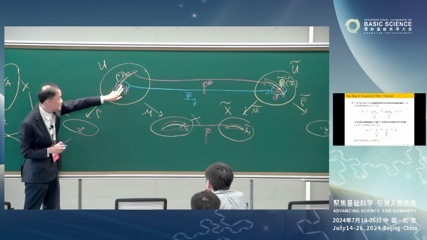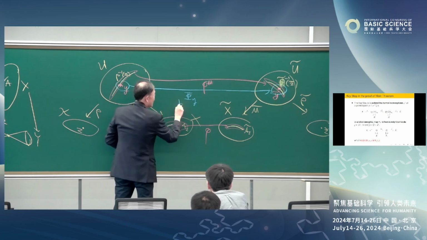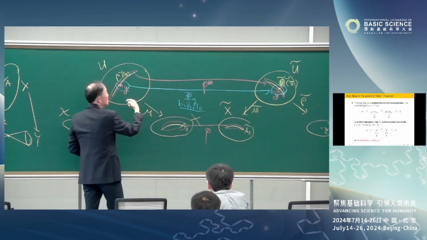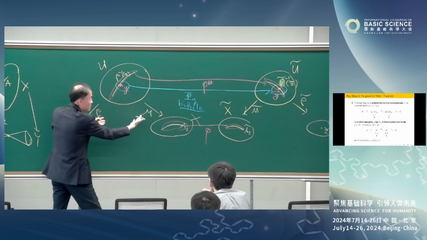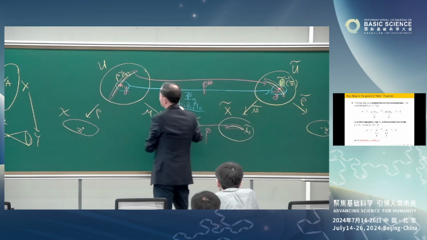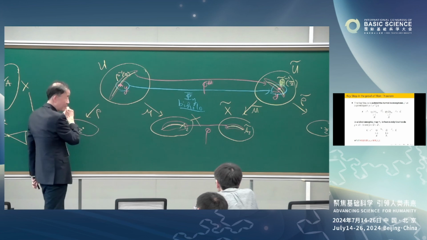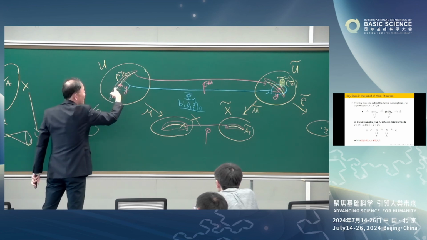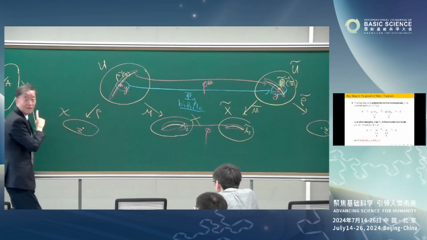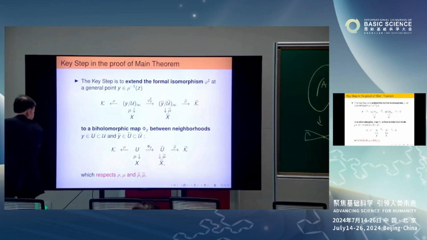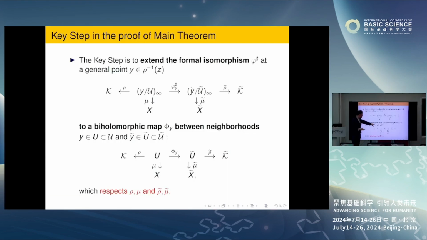So instead of the global submanifold information, I go to local information, but I replace the global information by this double fibration information. So that's what I want: to go from a formal map to a biholomorphic map locally, in such a way that they respect the double fibration. This is the key step.